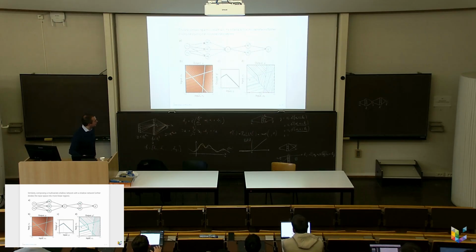For example, if you look at this part of the input space, you pass it through this function, and the result is this. But now we have 2 subregions, and these lines that you see here are the result of this jump.